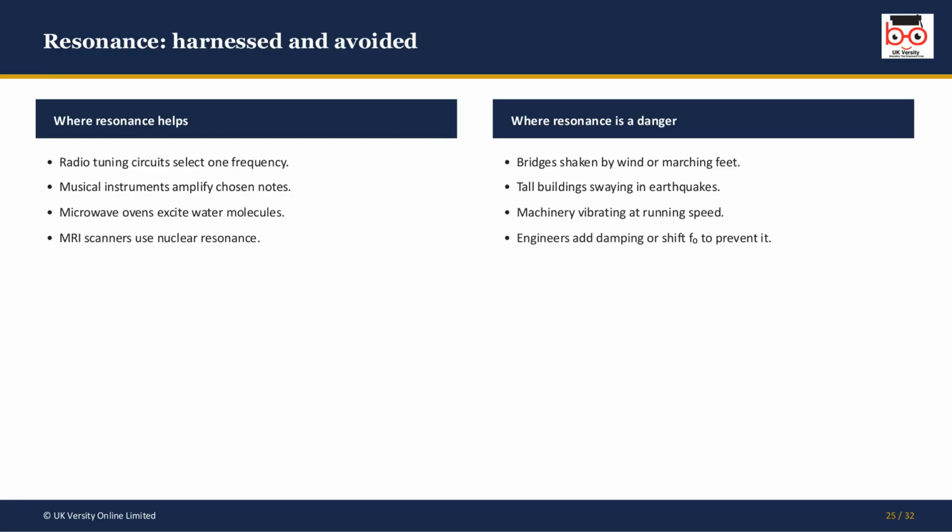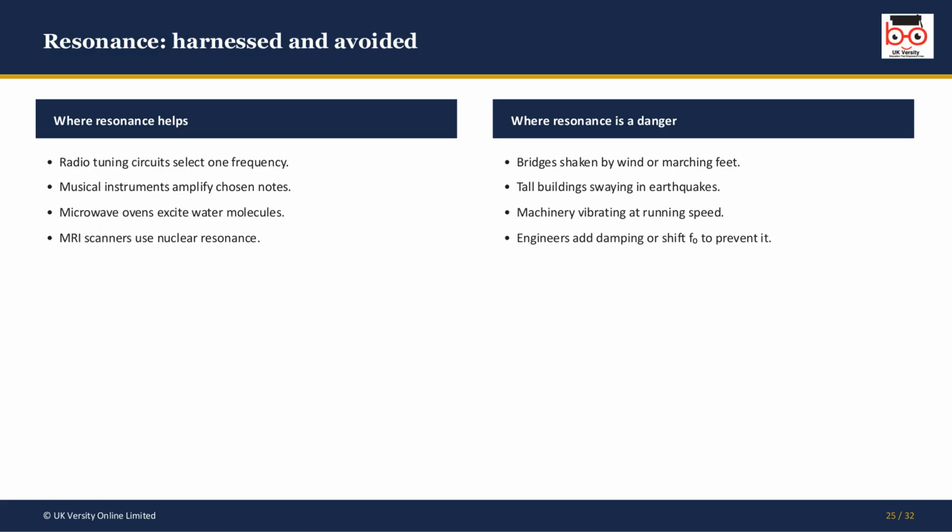It's worth seeing resonance as both friend and foe. On the helpful side, radio tuning circuits select a single frequency. Musical instruments amplify chosen notes, microwave ovens excite water molecules, and MRI scanners rely on nuclear resonance. On the dangerous side, bridges can be shaken by wind or by marching feet.